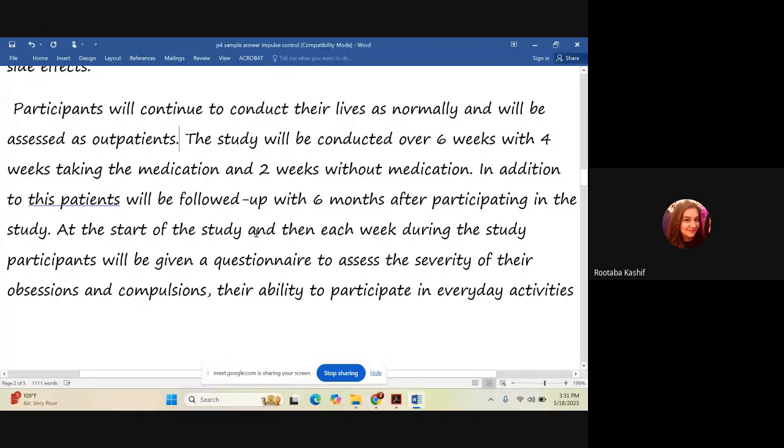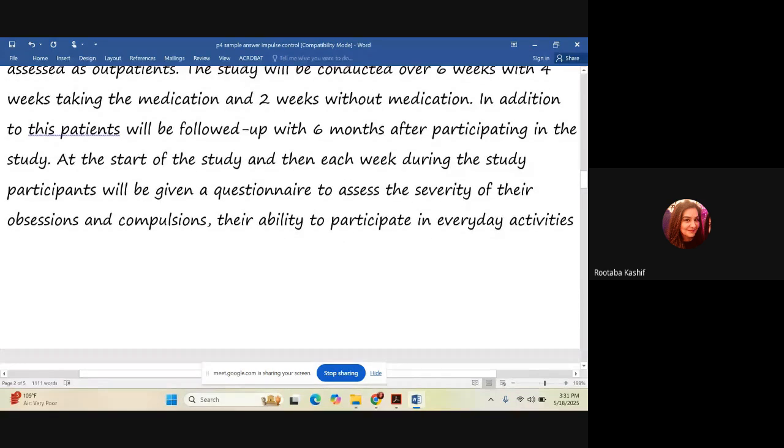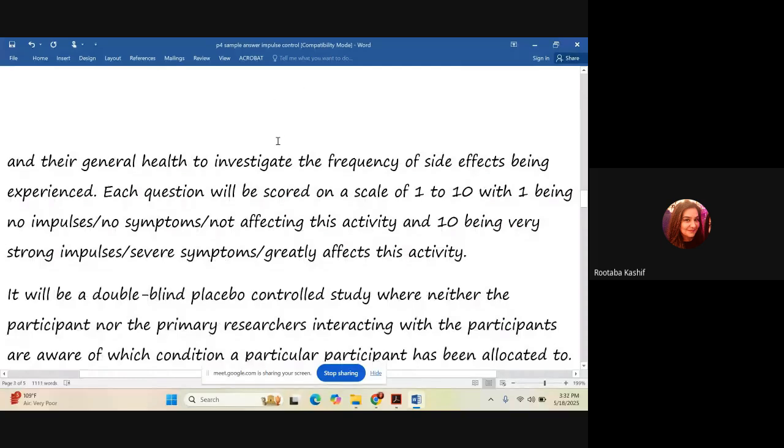At the start of the study, and then each week during the study, the participants will be given a questionnaire to assess the severity of their obsessions and compulsions, their ability to participate in everyday activities, and their general health, to investigate the frequency of side effects being experienced. Because when you are giving medication to people, sometimes the medication can have side effects. If a medication doesn't suit anyone, then people might not adhere to the advice, or might not take the medication.